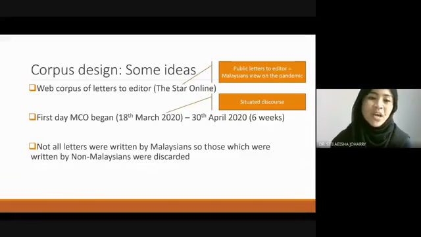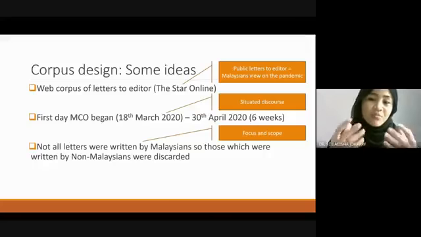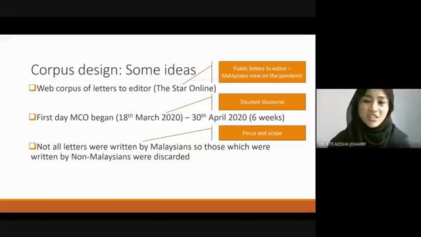These are people like expatriates, perhaps from an embassy, who reside in Malaysia and had something to talk about. These were discarded because we were interested in the scope of Malaysians' views and not others.